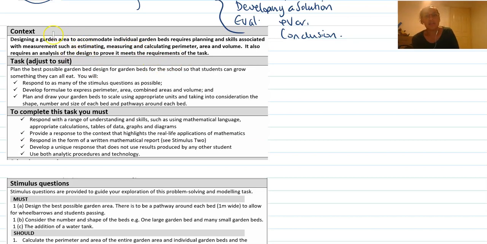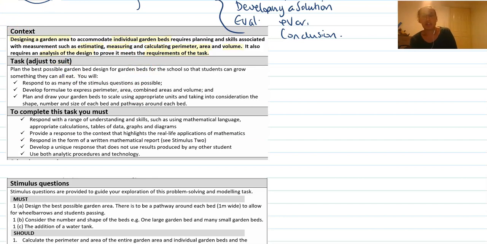So your context is designing a garden area, accommodating individual garden beds and associated with perimeter, area and volume, so measuring, calculating and estimating, and also analyzing the design to meet a specific requirement.